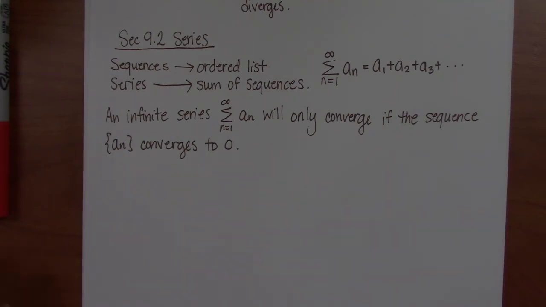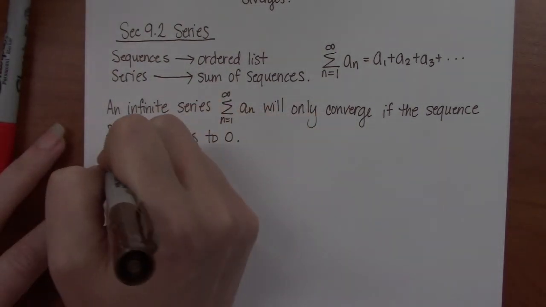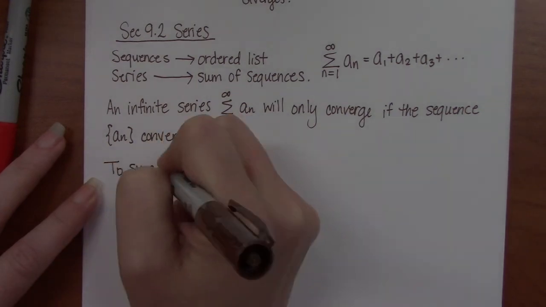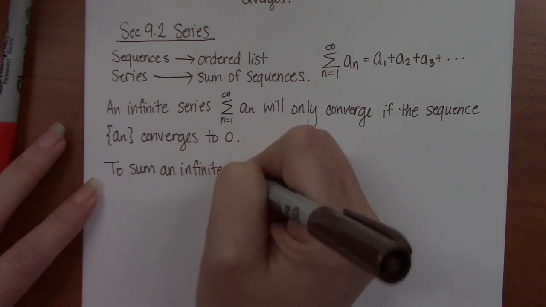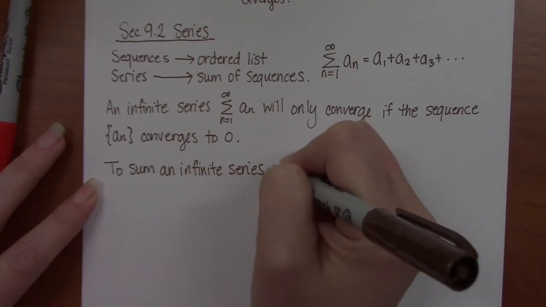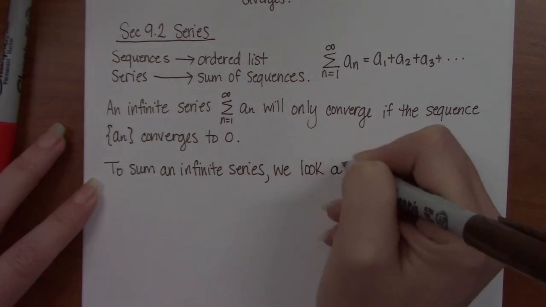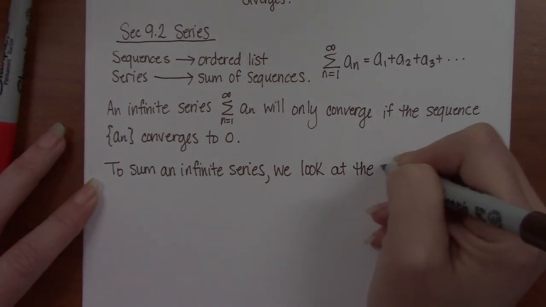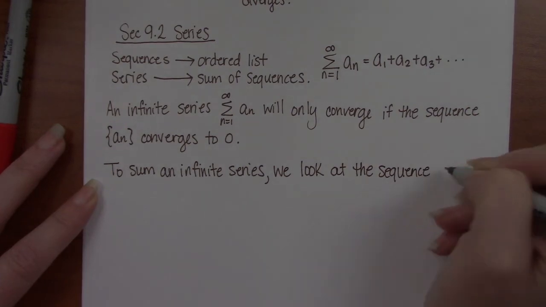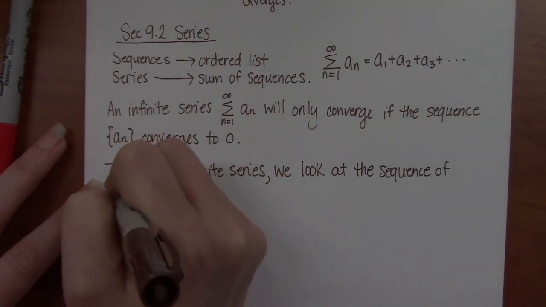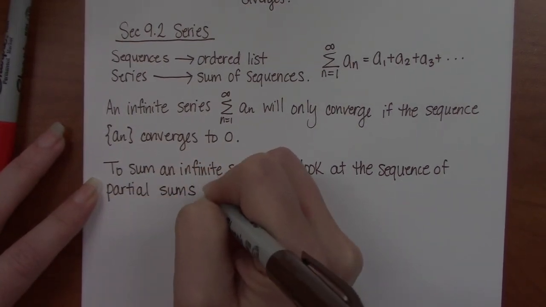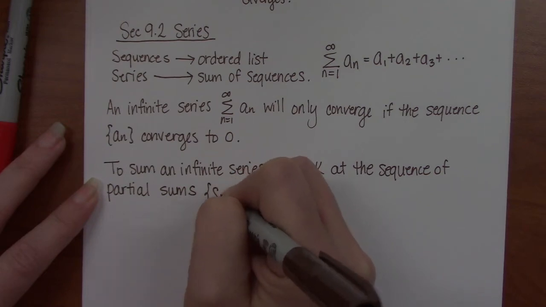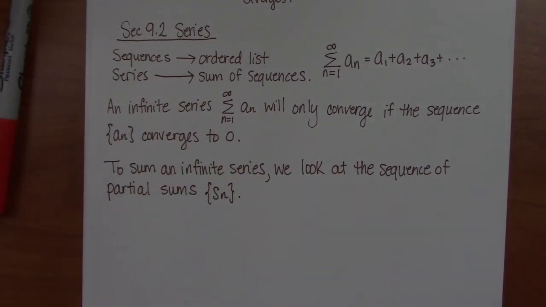So let's look at how we actually test a series to find its sum. If you want to find the sum of an infinite series, we look at the sequence of partial sums.